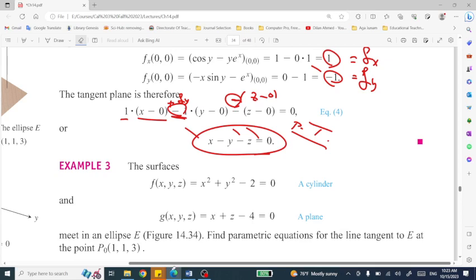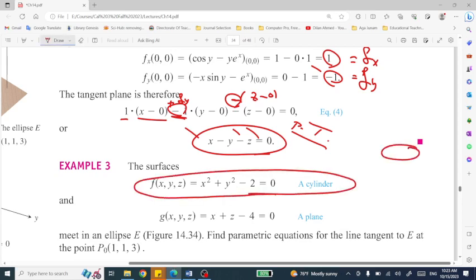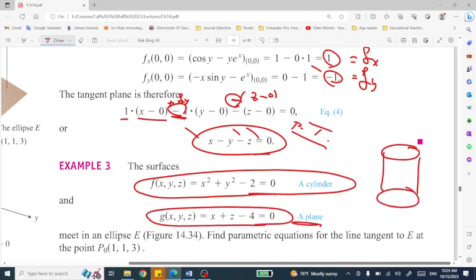The shape of the surface is a cylinder. And the plane is linear, you know the equation of the plane. They meet each other.